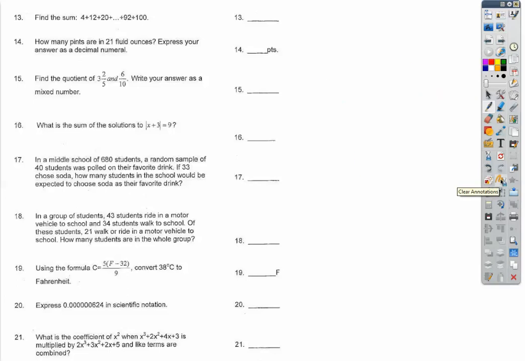Find the quotient, and express your answer as a mixed number. So I have to first convert the mixed number into an improper fraction. So 3 times 5 is 15 plus 2 is 17. So I have 17 fifths times the reciprocal, 10 sixths. So I reduce first. 17's prime, so I'm not stuck with it.